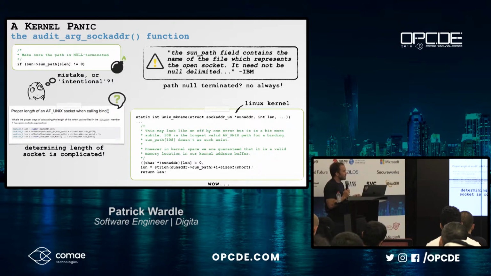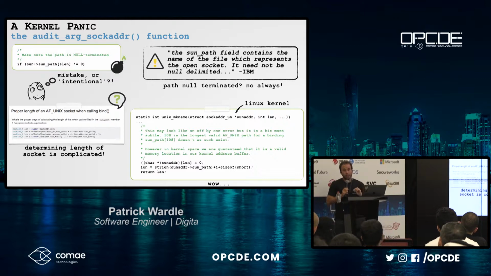And the funniest is, if you actually look at the source code in the Linux kernel, they have an intentional off by 1, where they actually go 1 byte past the end of the path and check if that is a 0 there. However, the comments in the code say this is intentional and this is okay because we guarantee that the very next byte after the end of the path is always going to be mapped in, so this is never going to panic the box.